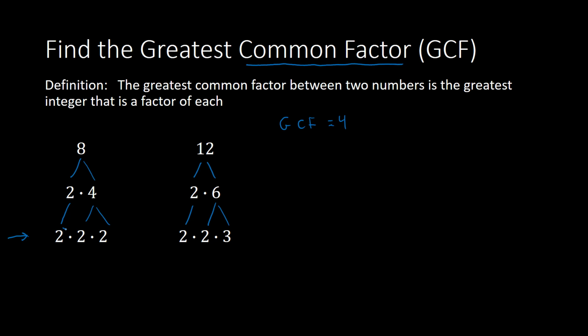Well, they both have a 2 in common, and they have another 2 in common. So they have 2 2's in common, so my greatest common factor is a product of those 2 2's. So 2 times 2, which would give me a 4. So that is all we do to find the greatest common factor. We prime factor, then see what factors they have in common, and then multiply those together.